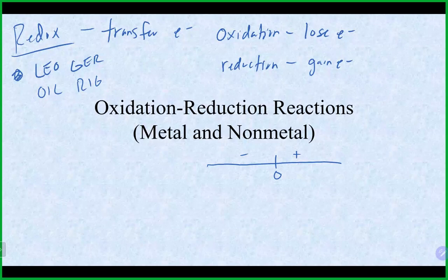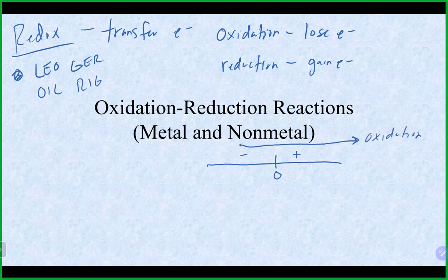So if you see that on the left-hand side of the arrow, whatever you're looking at, that element is going from a more negative situation to a more positive one, what is really referred to as oxidation state, but we can think of it like a charge, then that element is going through oxidation.